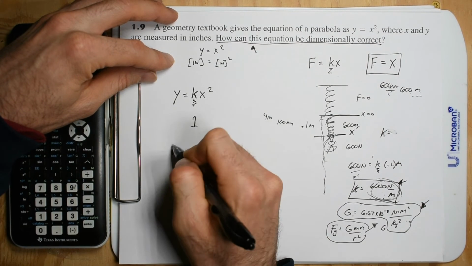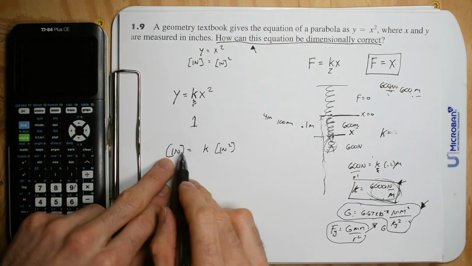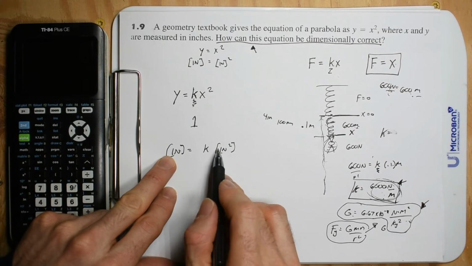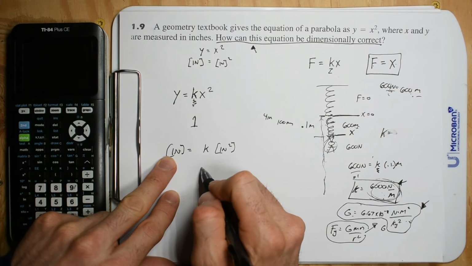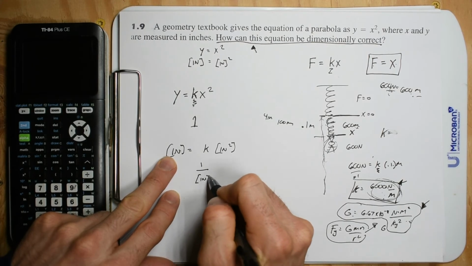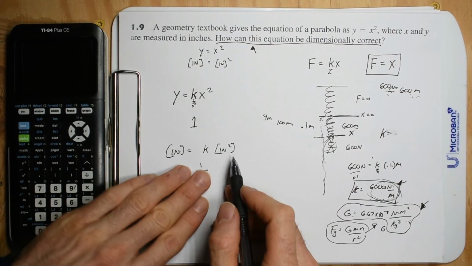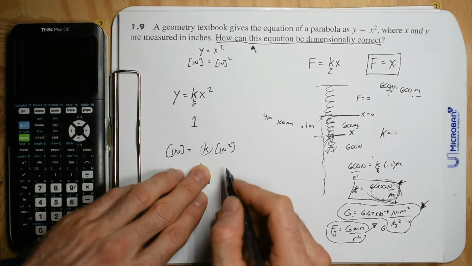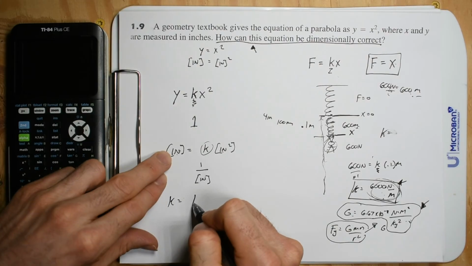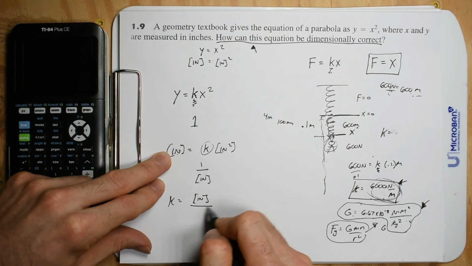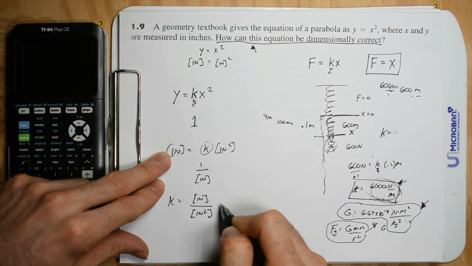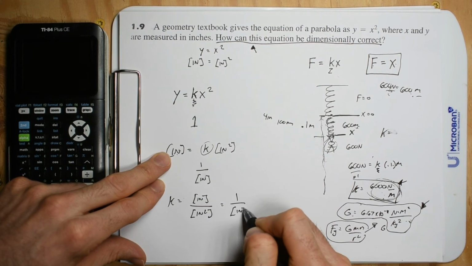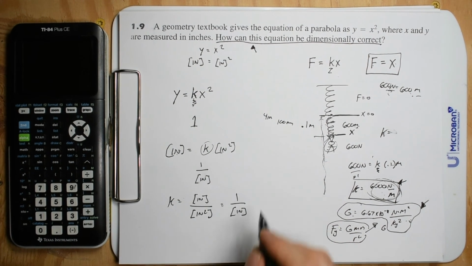We already have too many inches over here, so K is just 1 divided by inch. Or you could have just said, we need to make these balance, so isolate K, and K is equal to inches divided by inches squared, which is 1 over inch. So I think that answers the problem.